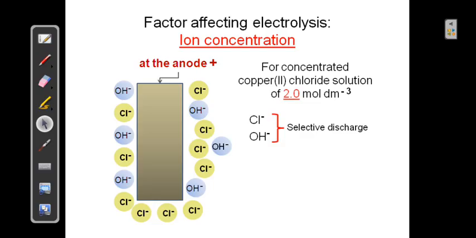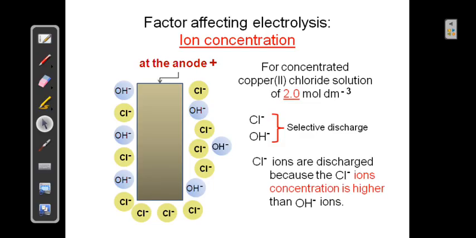When the concentration is very much higher, it will override the position of ions in the electrochemical series. So the chloride ions are discharged because the chloride ion concentration is higher than the hydroxide ions. So what happened then?